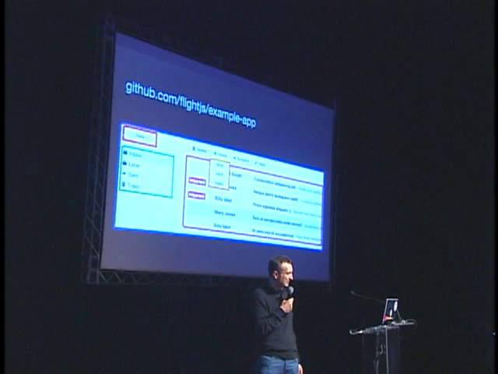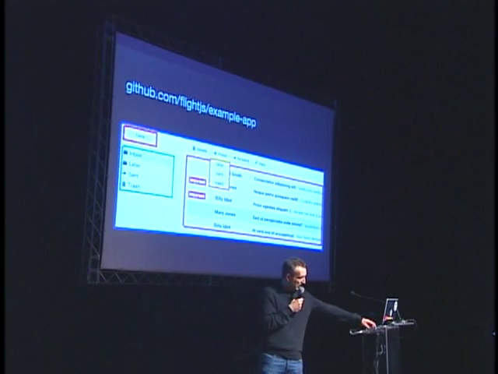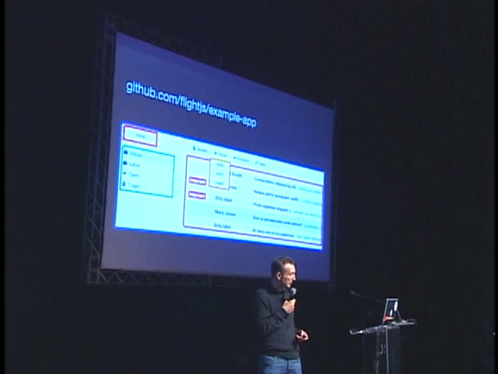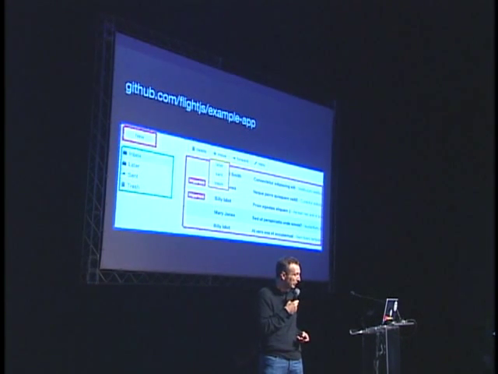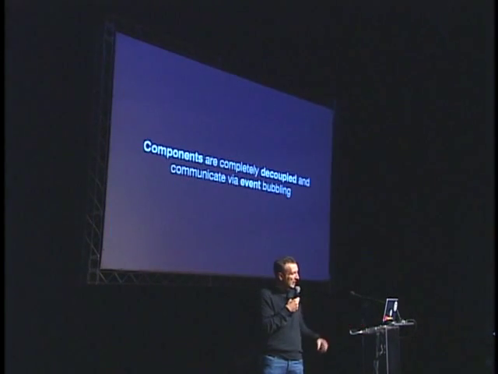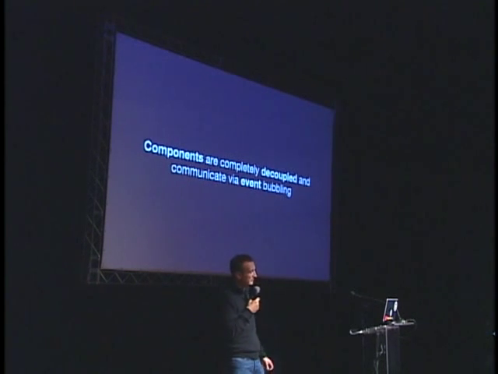So there'll be the list of emails, actions at the top, where you want to move the email to, the folder list and the new button. So we would have a component for each of those, and it's a discrete set of functionality for each. And the key to this is that components are completely decoupled from each other.